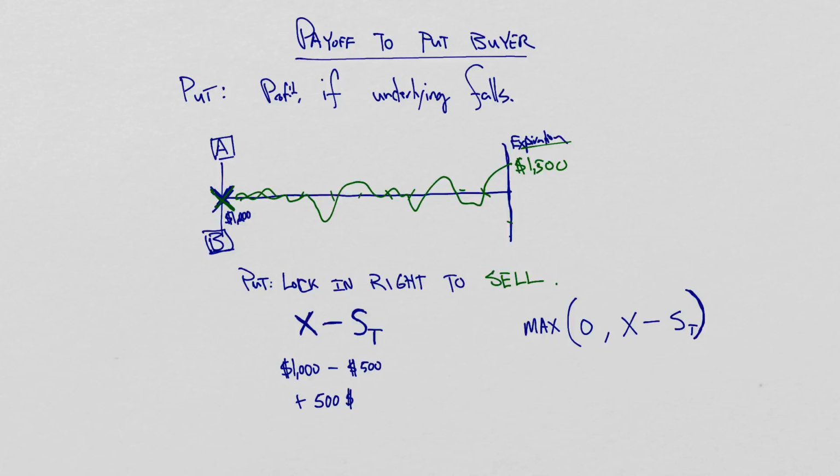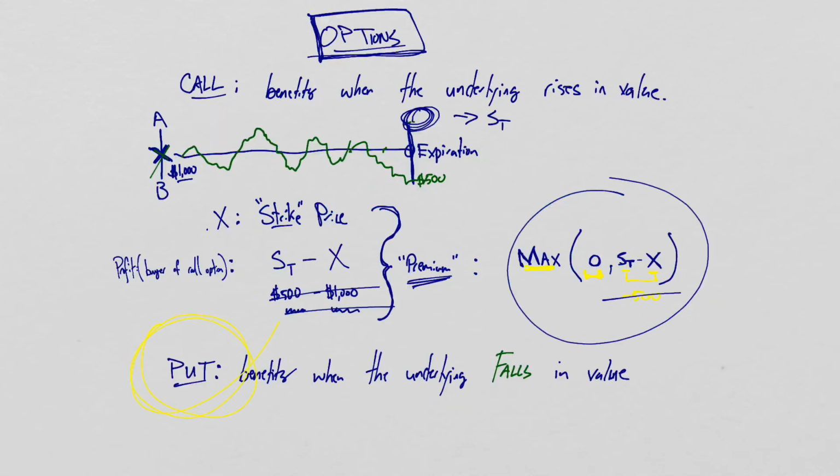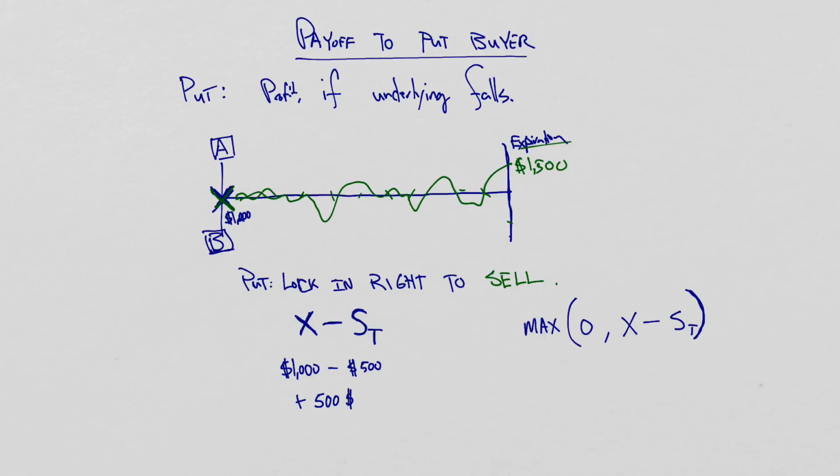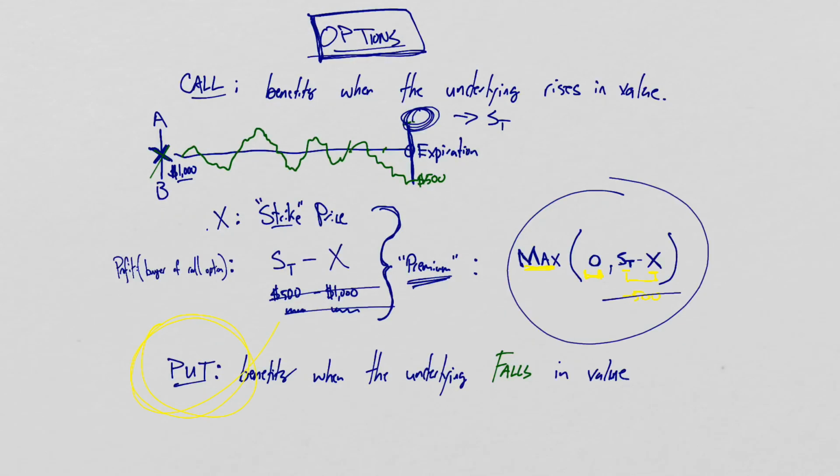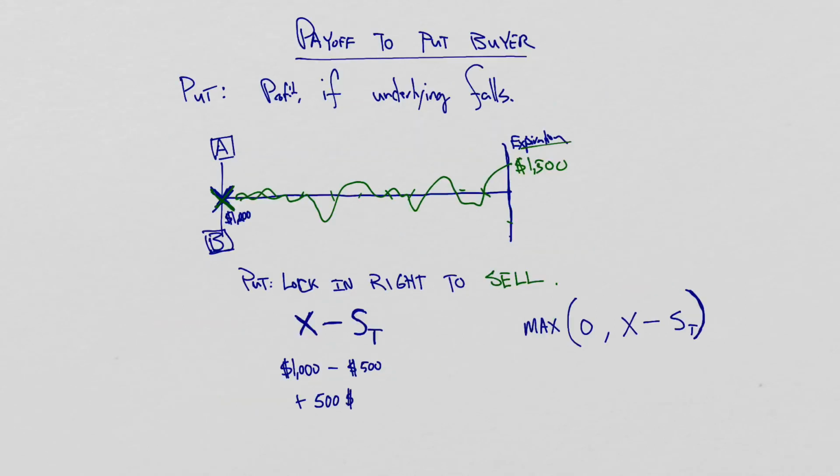So see the difference? For a buyer of a call, it's the maximum of 0 or S minus X. But for a buyer of a put, it's the maximum of 0 or X minus S. One's a buyer of a call and one's a buyer of a put.